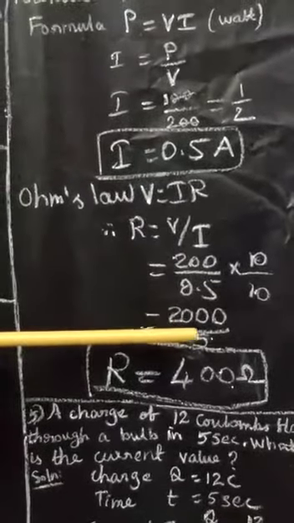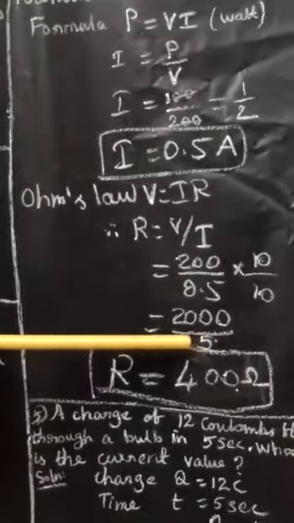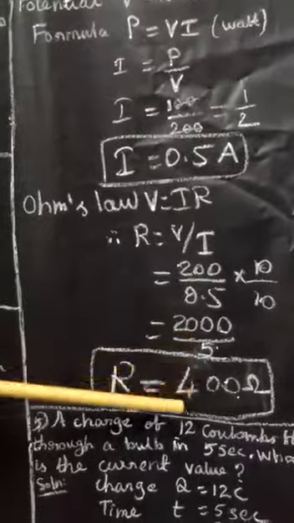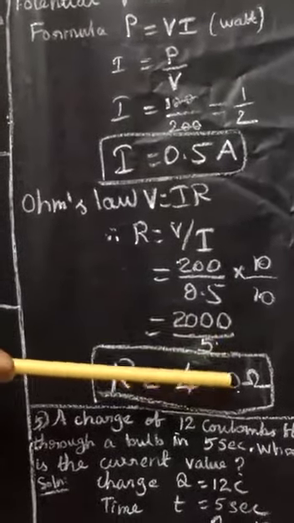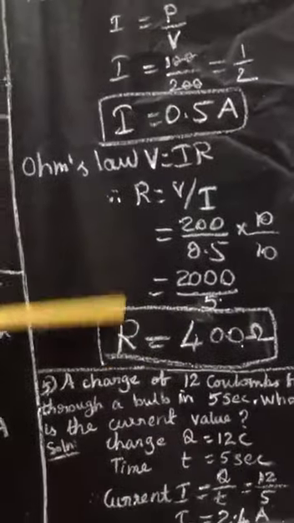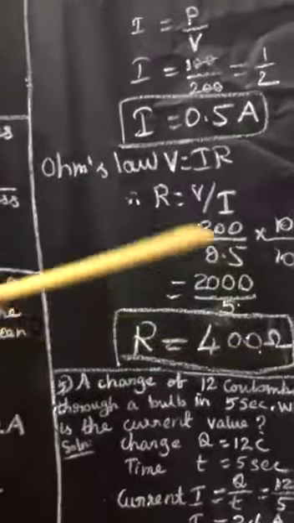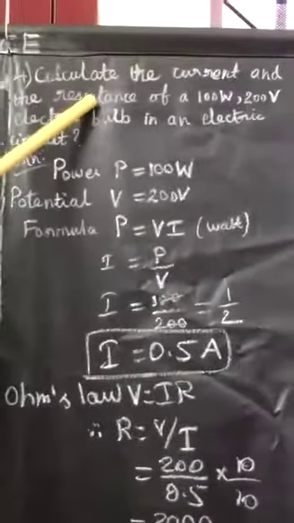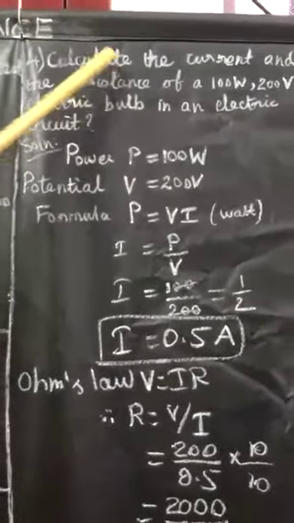We get 2000 divided by 5. 5 times 4 is 20, and with 2 zeros we get 400. So the resistance is 400 ohm.